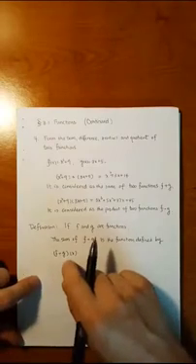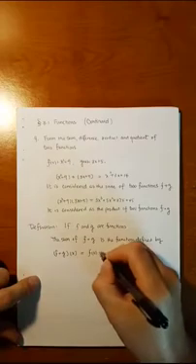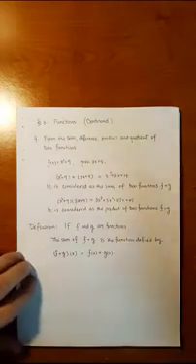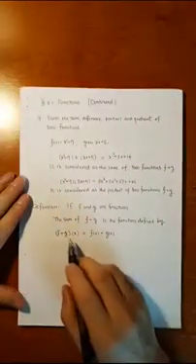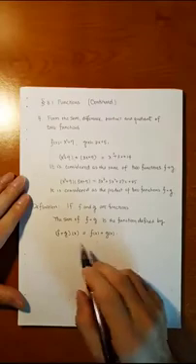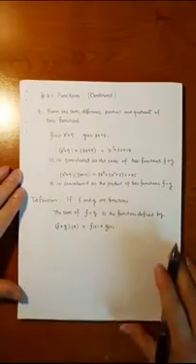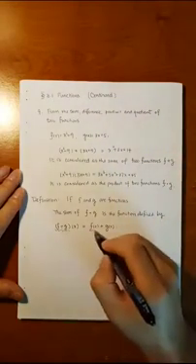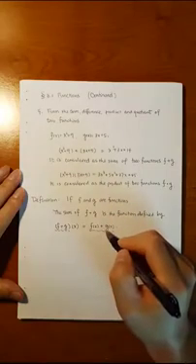The value of the new function at x is defined to be the value of f at x plus the value of g at x. Okay, so you have a name, the sum of the name at a certain point. It's the sum of the two values at the same point. These two concepts are different. Here you add two functions. Here you add two values.